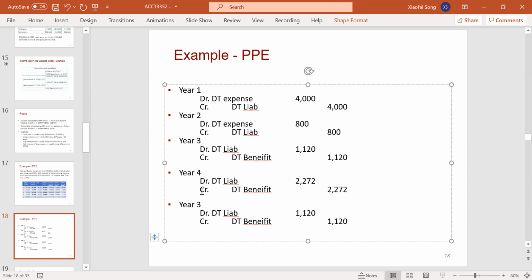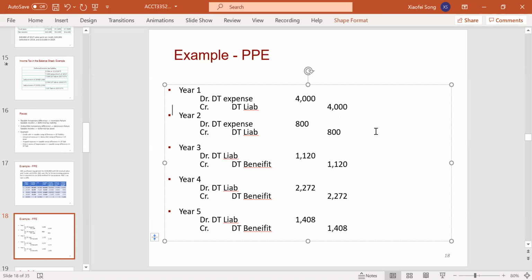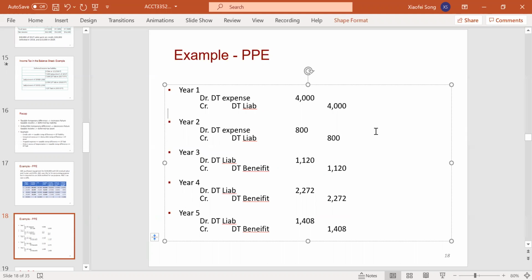So that's year 4, and year 5, the final balance after that, there's still 1,408, and that's reversed. Maybe I'll give a space for that, just to make it look nice and equally spaced. So by the end of that, deferred tax liability is 0, no more.